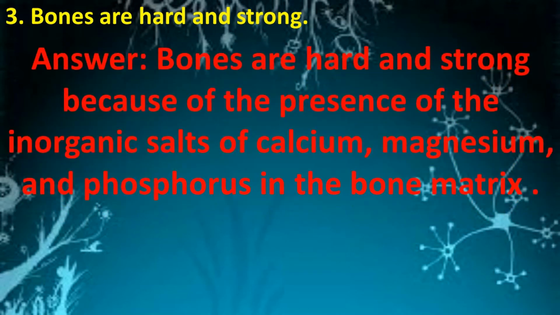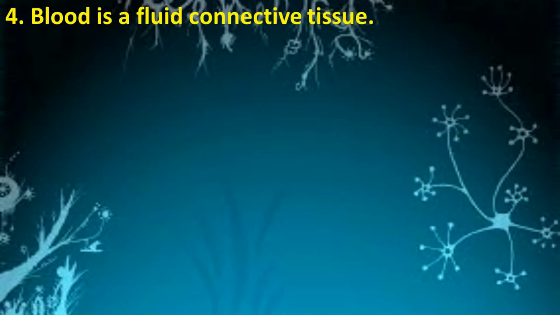Answer is bones are hard and strong because of the presence of the inorganic salts of calcium, magnesium, and phosphorus in the bone matrix. Next question. Blood is a fluid connective tissue.